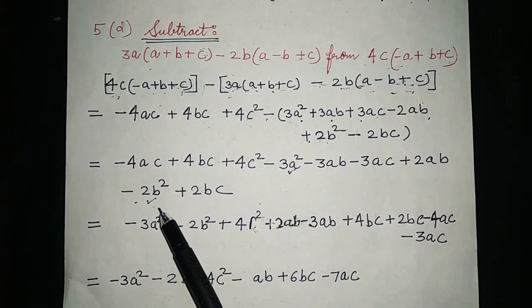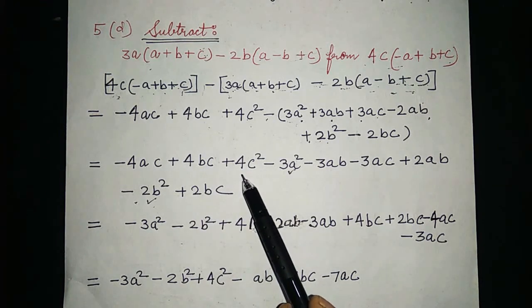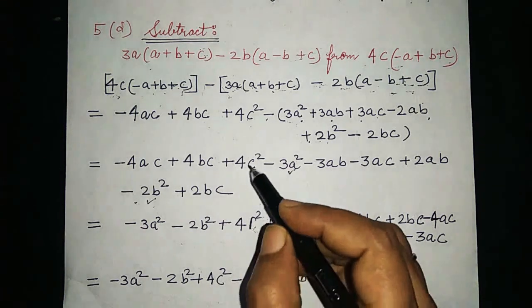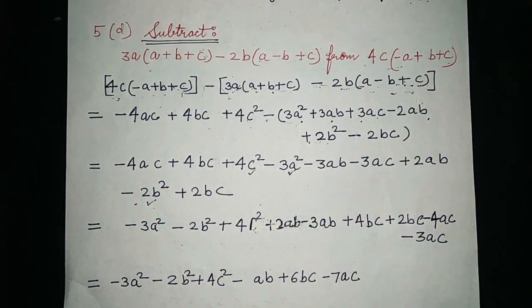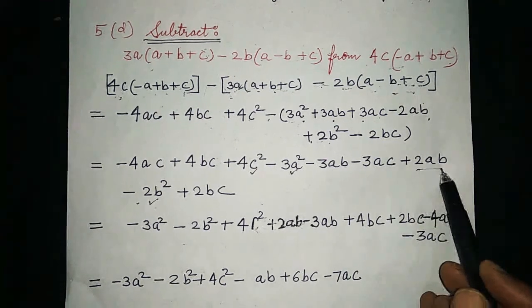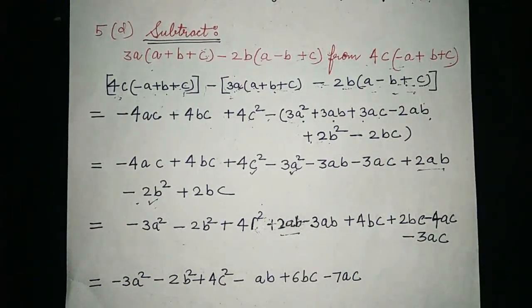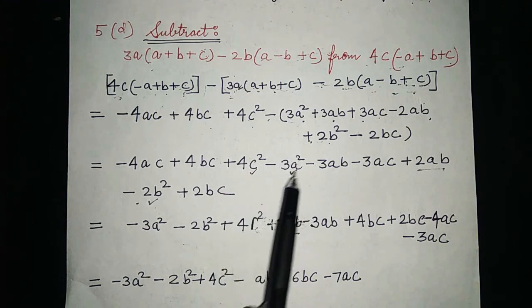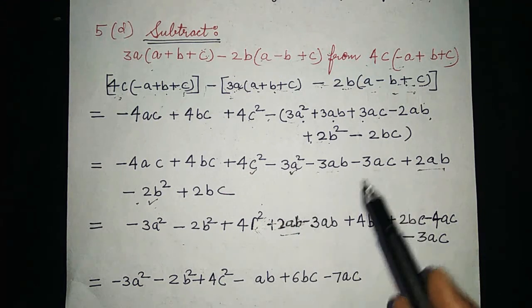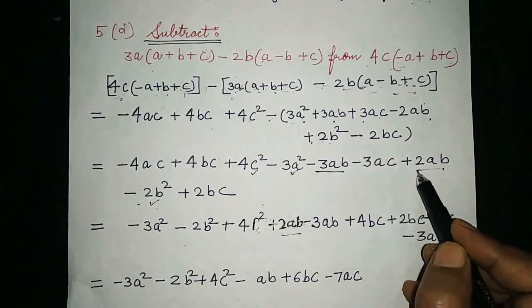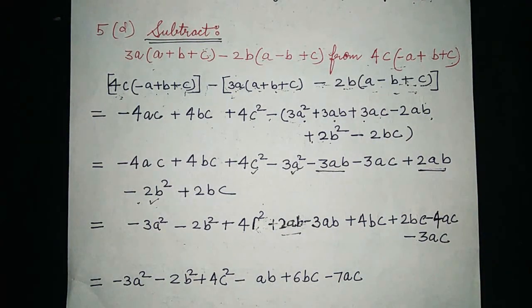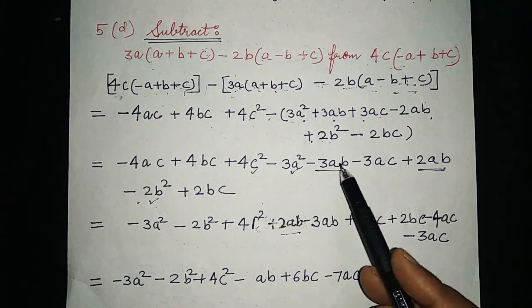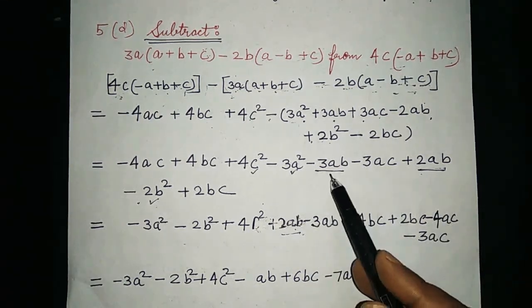So, we will write now the next term. Next term we will write 4c square. After that, plus 2ab we will write. And such type of term we will search now. Now here we are getting one more like term of this type, minus 3ab. So after plus 2ab we will write minus 3ab.